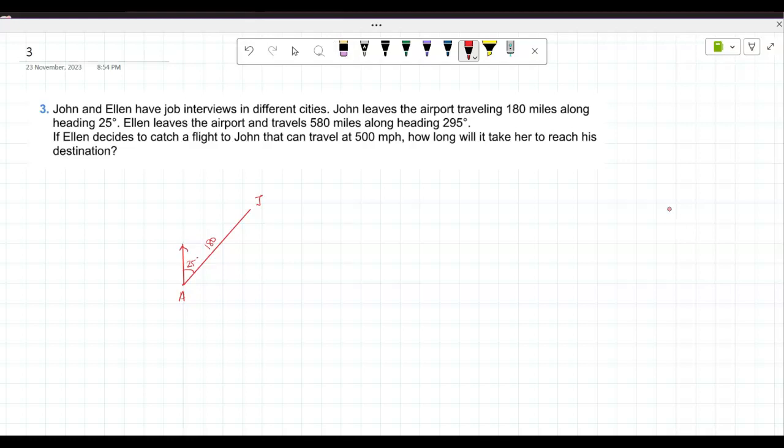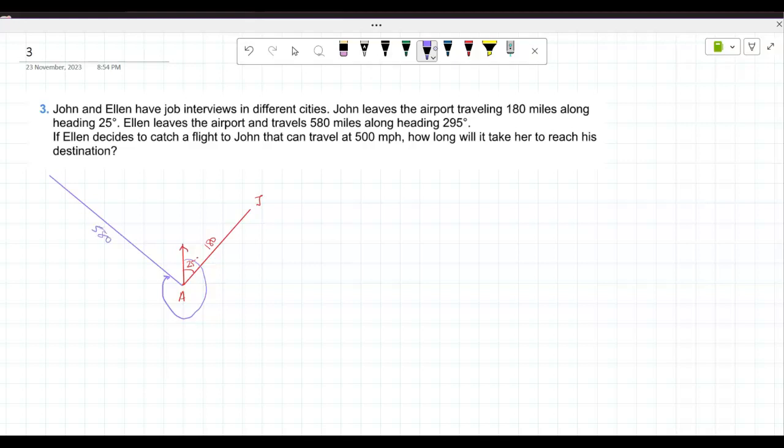Ellen leaves the airport and travels 580 miles along 295. So this is your 180, 270, correct? 295 is all the way somewhere here. So when you're drawing a diagram, also make it a point that you keep the proportion.